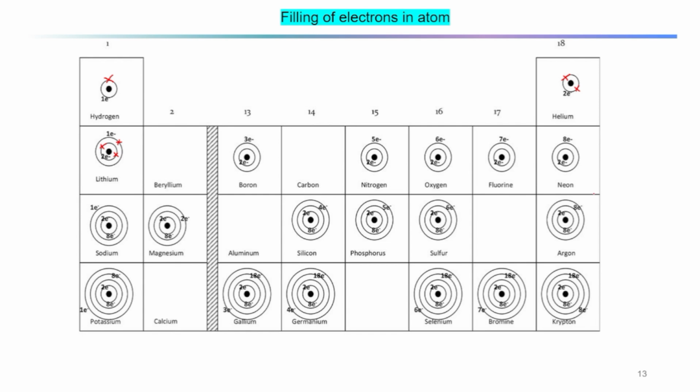And let's see the case of neon. In the case of neon, we have two electrons here, 1, 2, and we will have 8 electrons.